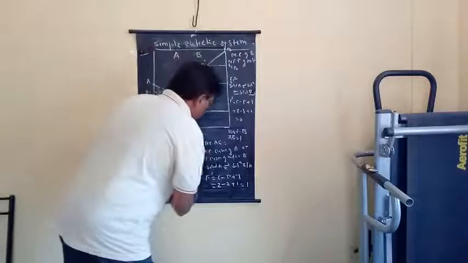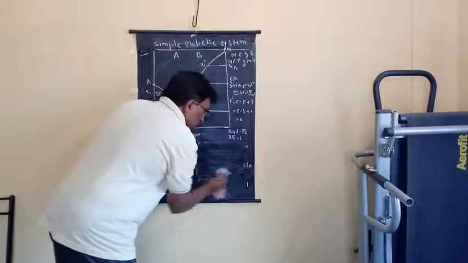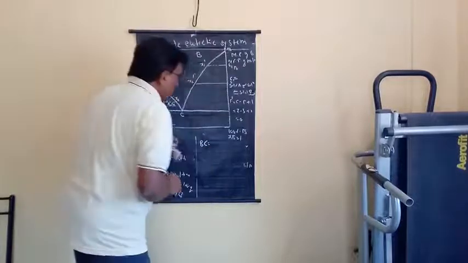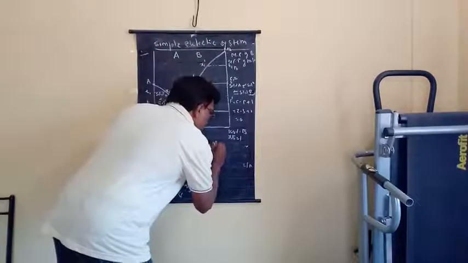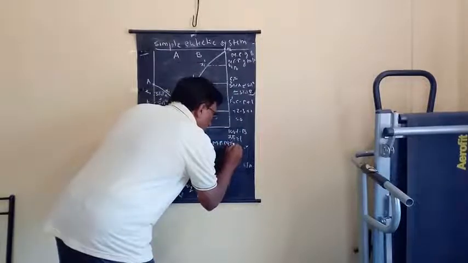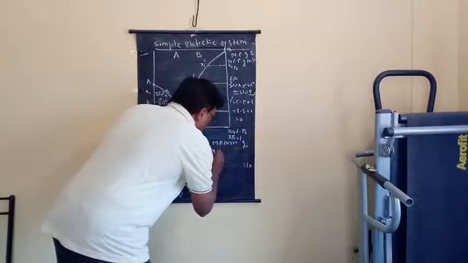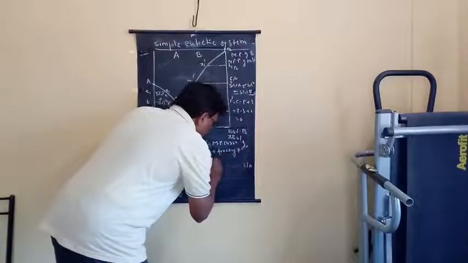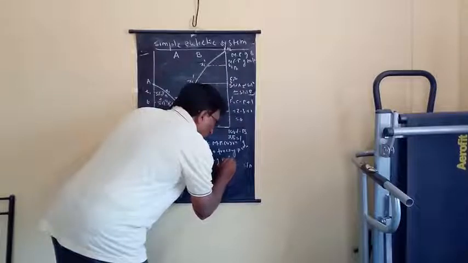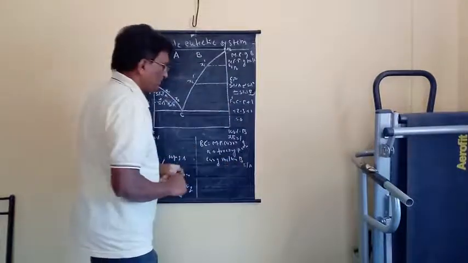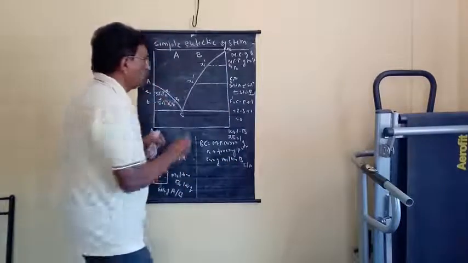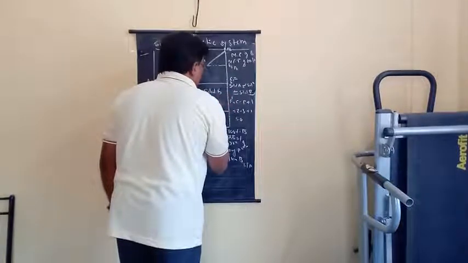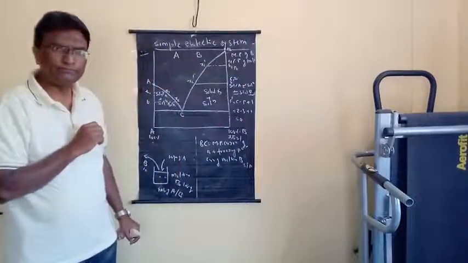Therefore, the curve BC is nothing but the melting point curve of B or freezing point curve of molten B.